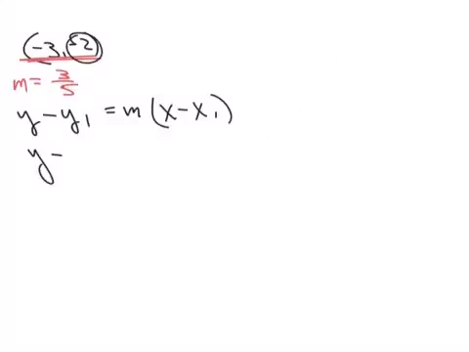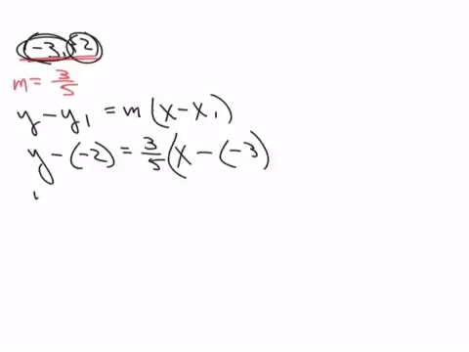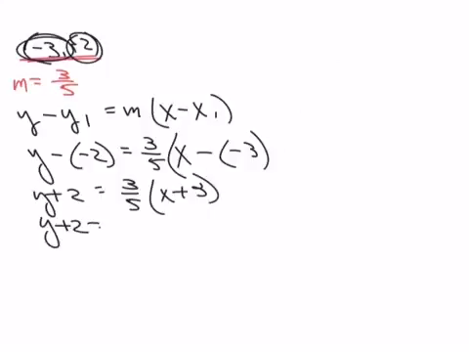Y minus -2 equals the slope, 3/5, x minus -3. So y plus 2 equals 3/5 x plus 3. Let's distribute. Y plus 2 equals 3/5 x plus 3 times 3 is 9 over 5.